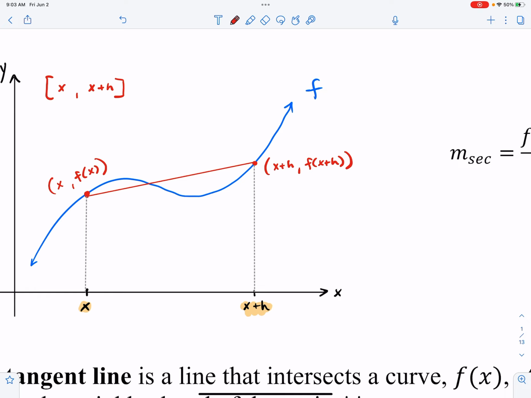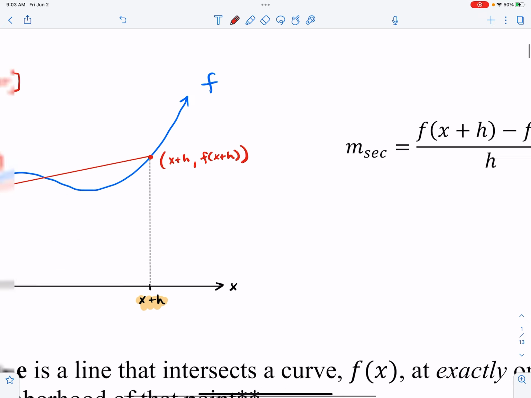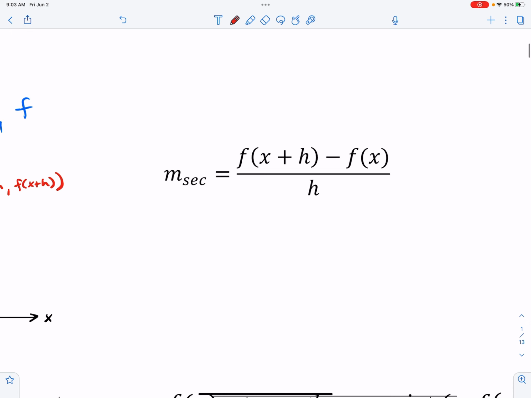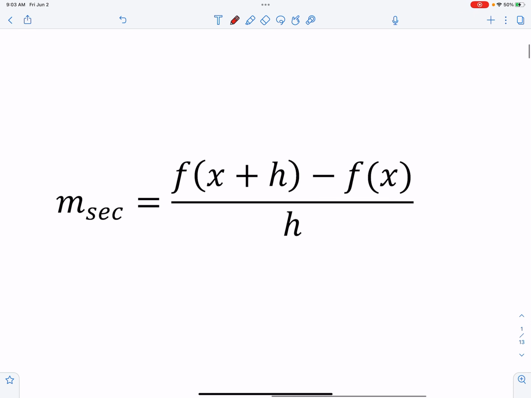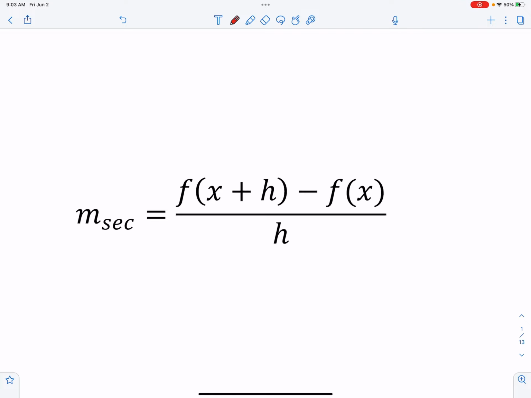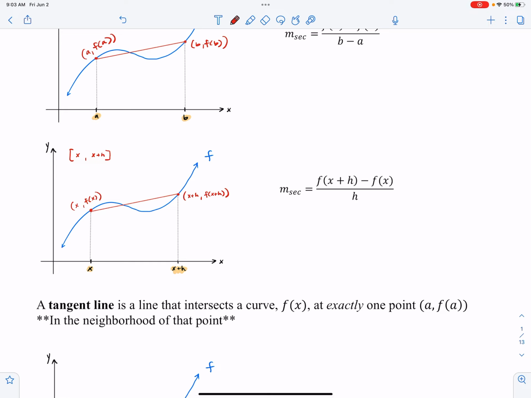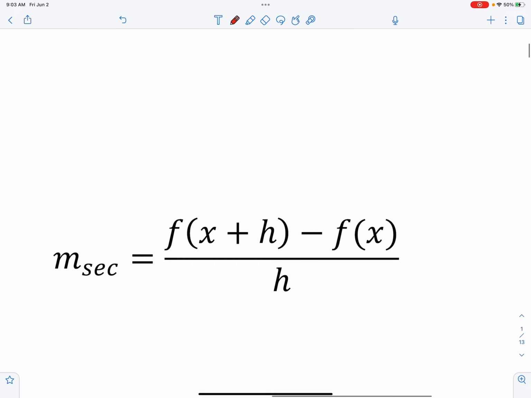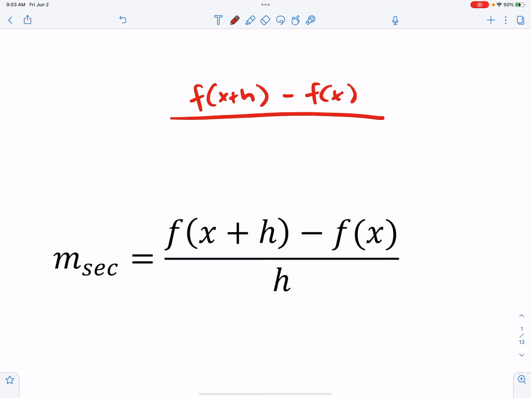And then if we thought about applying the slope formula using this notation, change in y would be f of x plus h minus f of x, over change in x, which would be x plus h minus x. Here, I can write this out. We would have f of x plus h minus f of x for change in y over x plus h minus x.